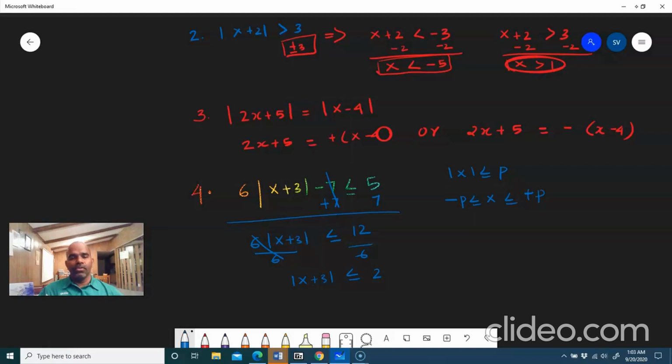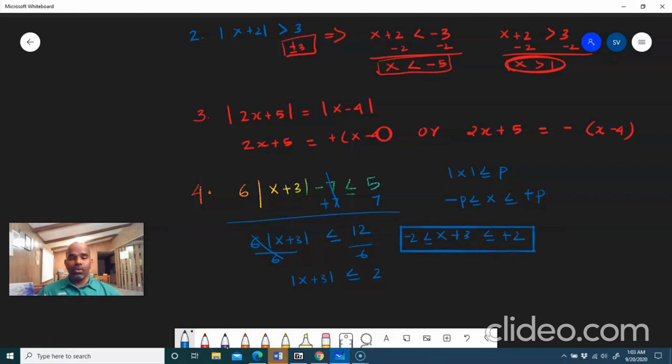The same thing we can use here: x plus 3 in the middle, negative 2 less than or equal to x plus 3 less than or equal to positive 2. This is a compound inequality. You can solve it separately, and that will lead to the answer.